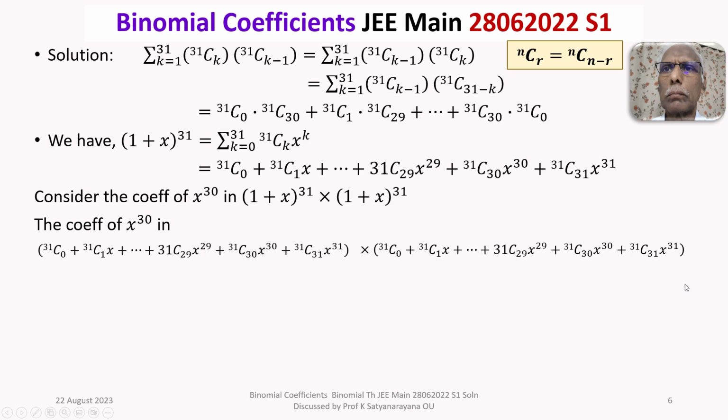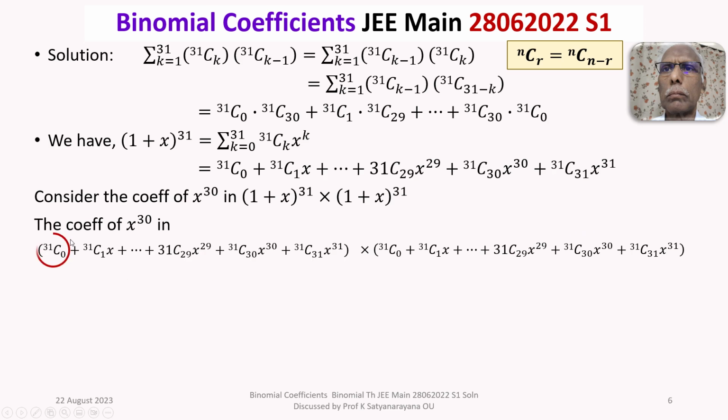So you have to consider the coefficient of x to the power 30 in this product. So how do you get it? Here 31C0, that is 1, times 31C30 x to the power of 30. Then the product 31C0 into 31C30 is a contribution to the coefficient of x to the power of 30. And like that you have to pull up all those terms.